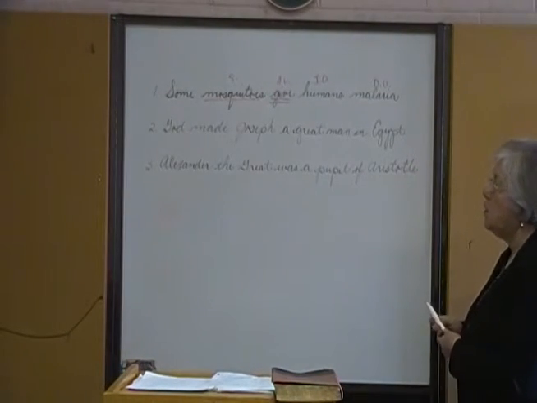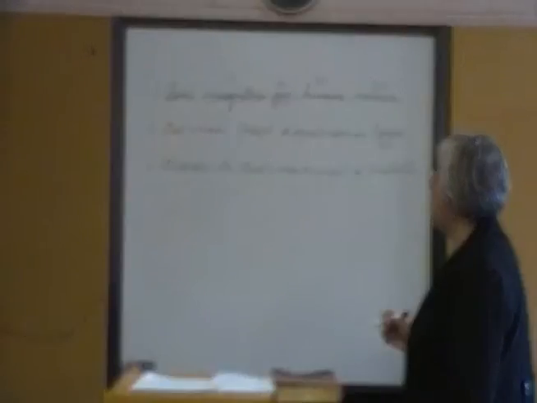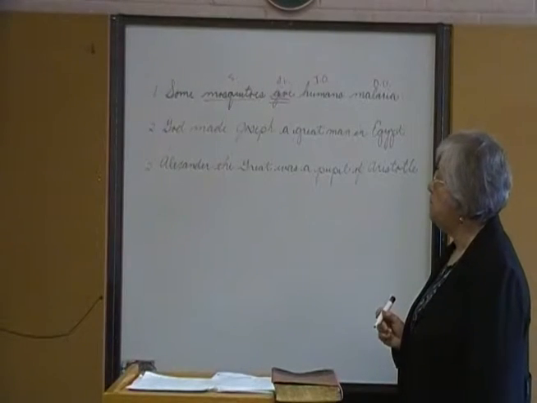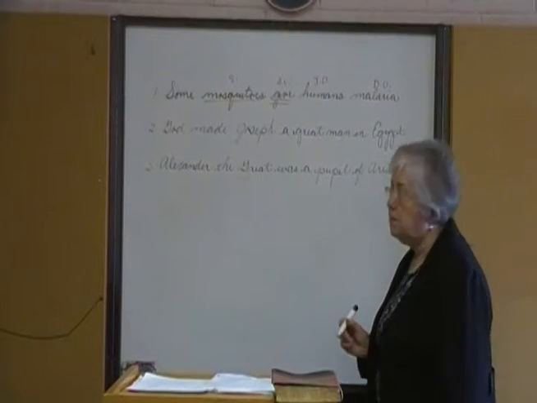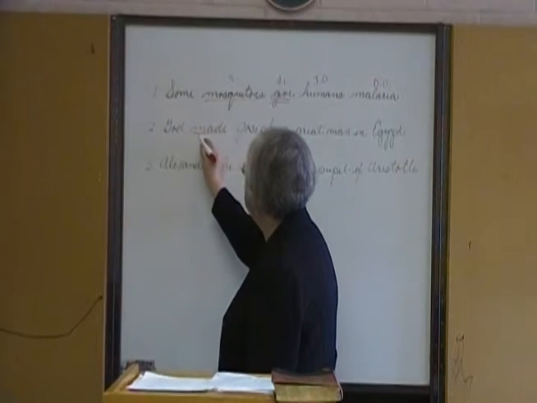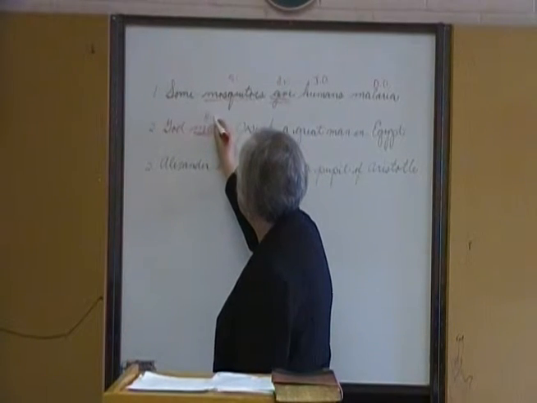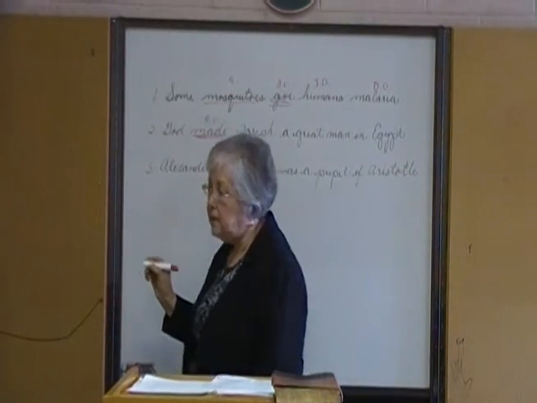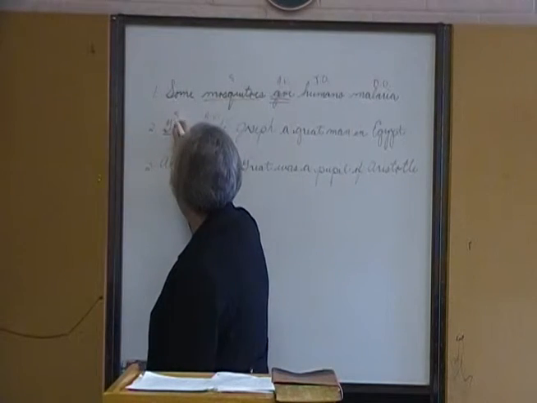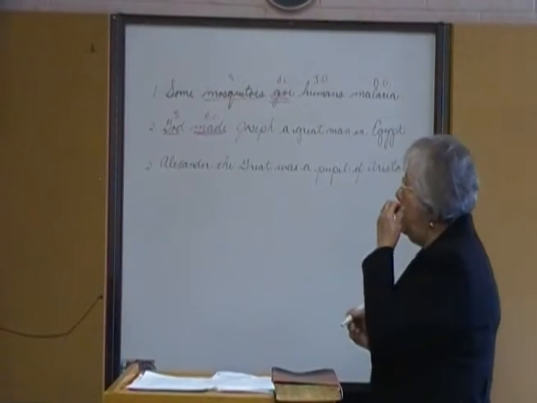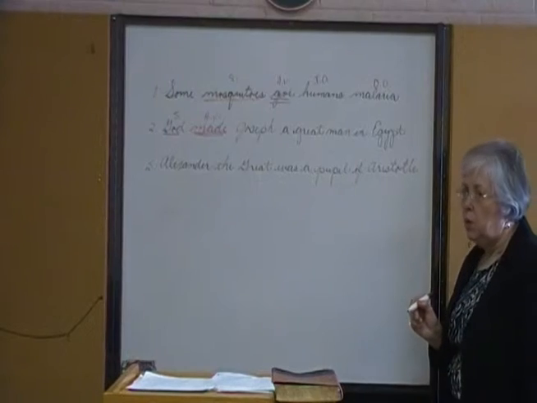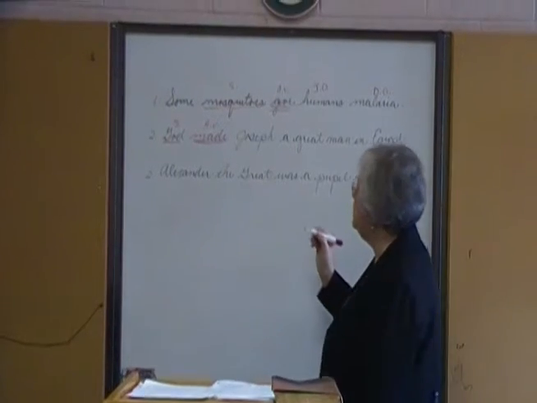Number 2, God made Joseph a great man in Egypt. Action verb, made. Who or what made? God. God is the subject. God made whom or what? Joseph.